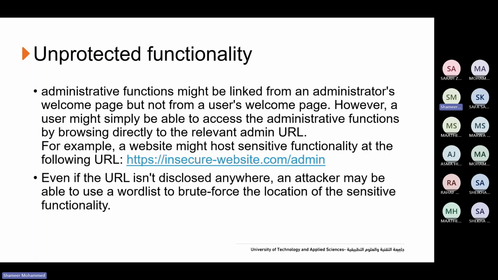This is easily seen by anybody. Anybody can see this information. So you should not disclose the URL of the administrator. Otherwise, an attack can happen, like a brute force attack. They can steal the information.